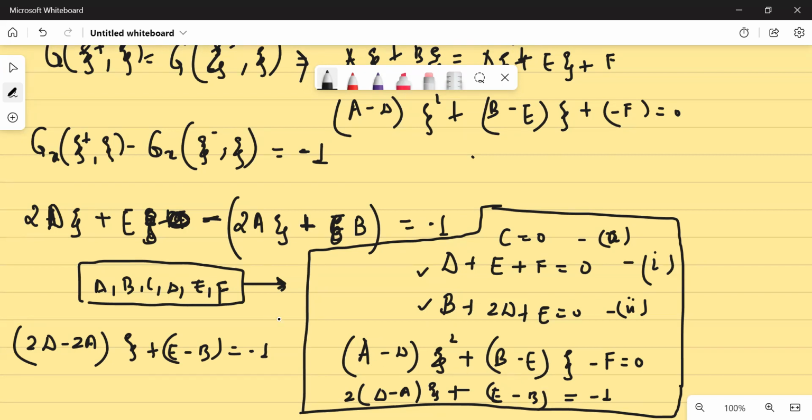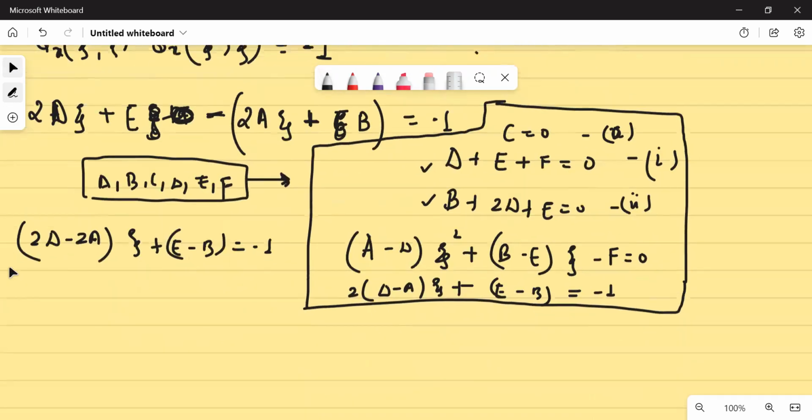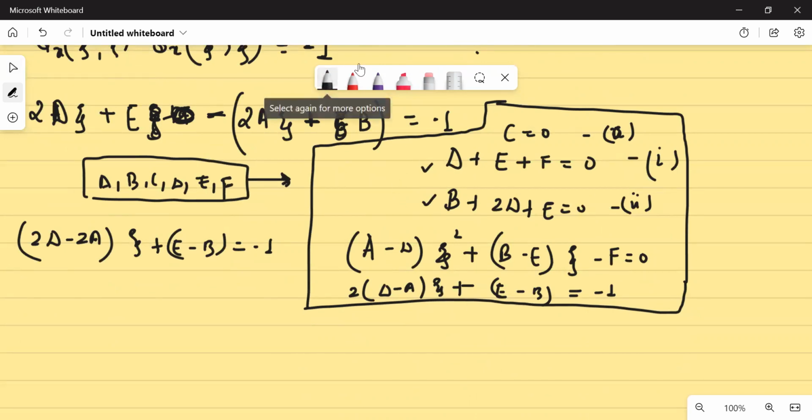Is there some mistake that I'm doing? Just try to find all these values. From this, try to extract some values for b and d. I think that would give you some answer.